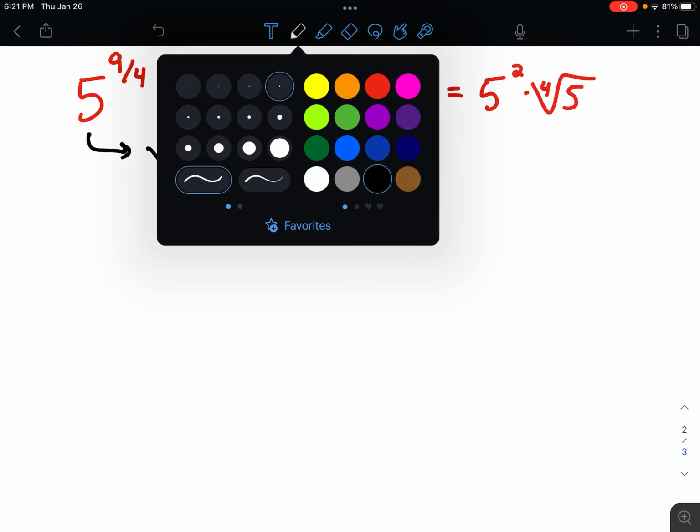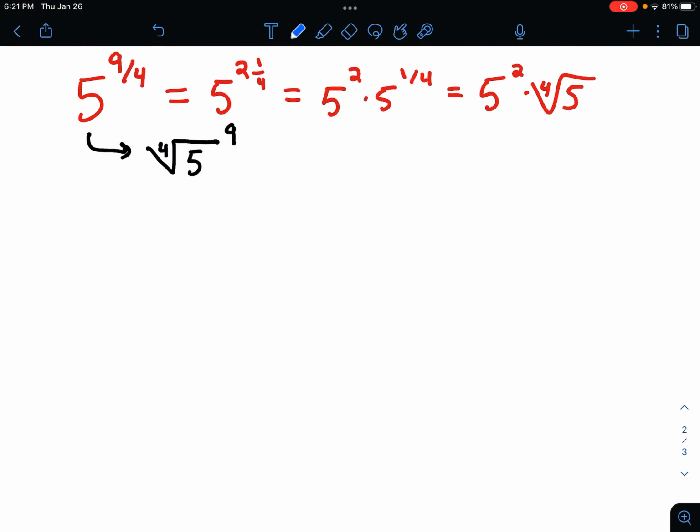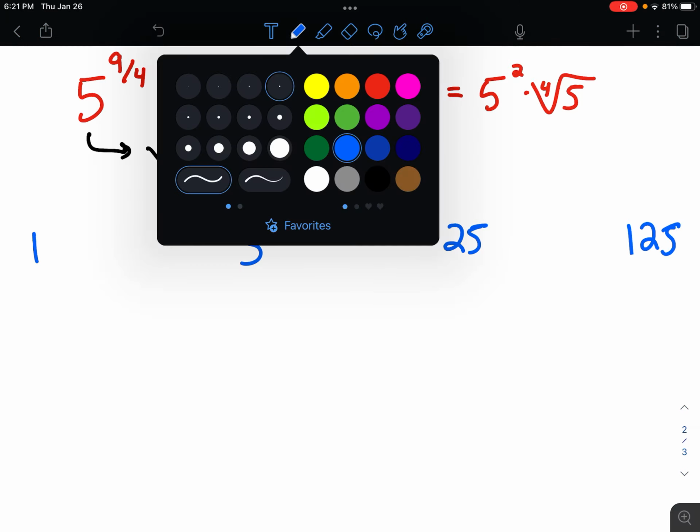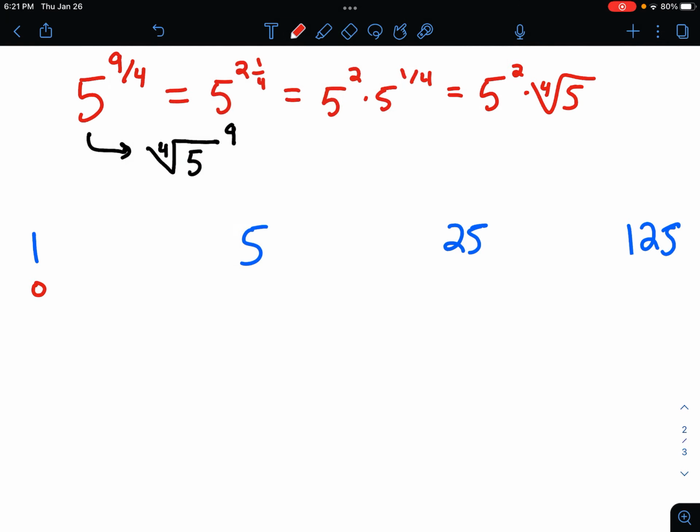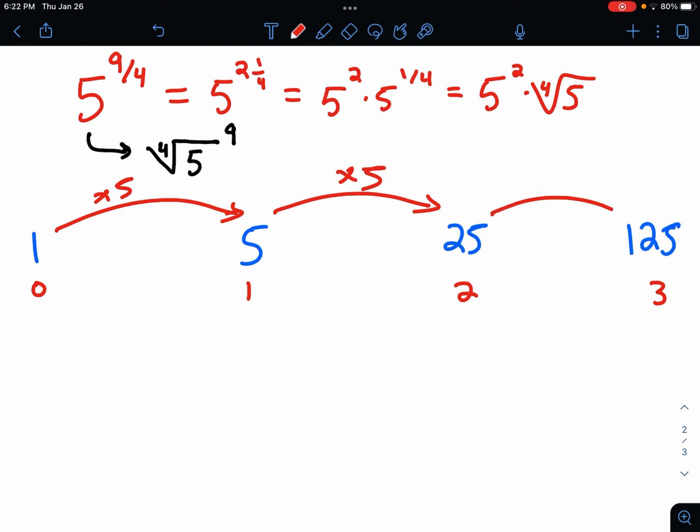And so let's think about, what does it even mean? So if we think about multiplications of 5, we go from 1 to 5 to 25 to 125, with those representing our integer multiplications of 5. 0 multiplications, 1, 2, 3. Times 5, times 5, times 5.